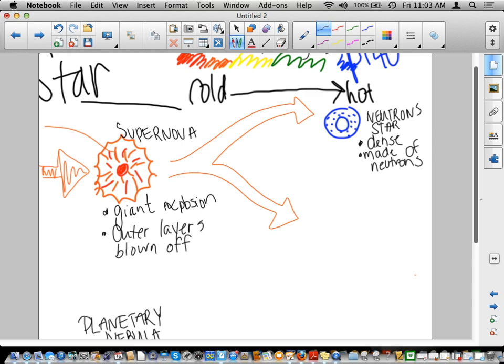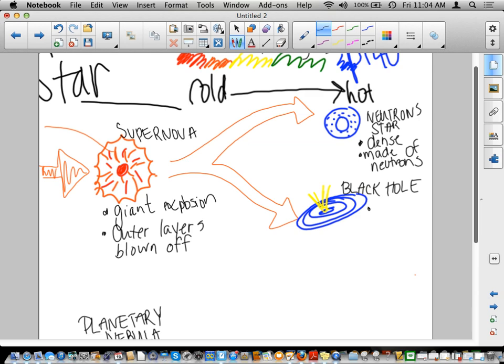Okay, and the other path that it could take, if there really is nothing left except for the power of gravity, is a black hole. What's that yellow thing? Light. So a black hole, the gravity is so strong that it traps everything, including light.